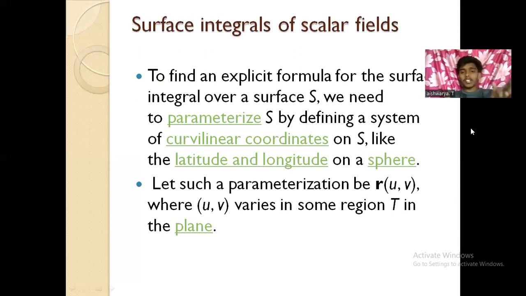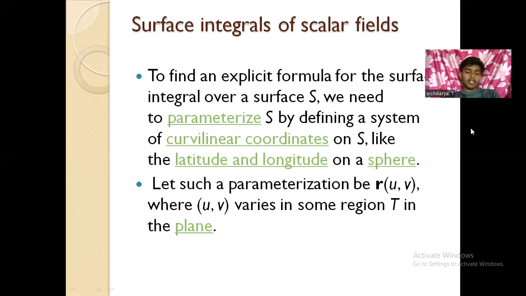And coming to the surface integral of scalar fields, to find an explicit formula for the surface integral over a surface, which we denote as S, we need to parameterize S by defining a system of curvilinear coordinates on S, like the latitude and longitude on a sphere.